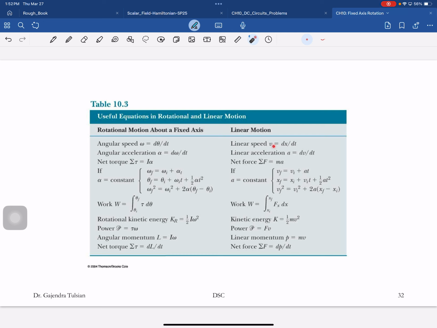So linear velocity was dx by dt, angular velocity was d theta by dt. Sum of the forces, which is net force, was equal to mass times acceleration. Sum of the torques, net torque, is I times alpha. a is dv by dt, alpha is d omega by dt.